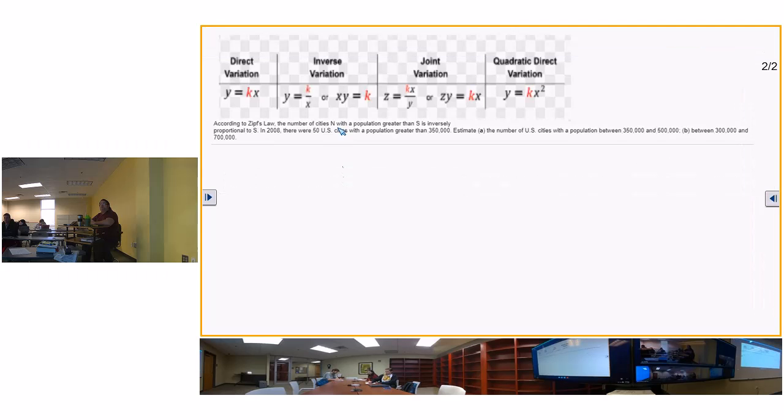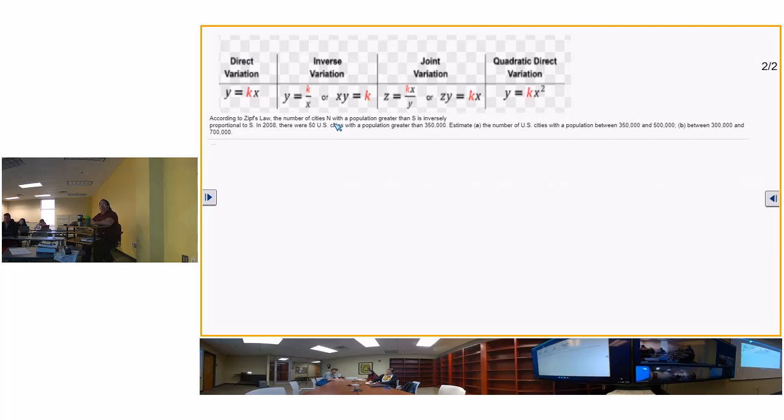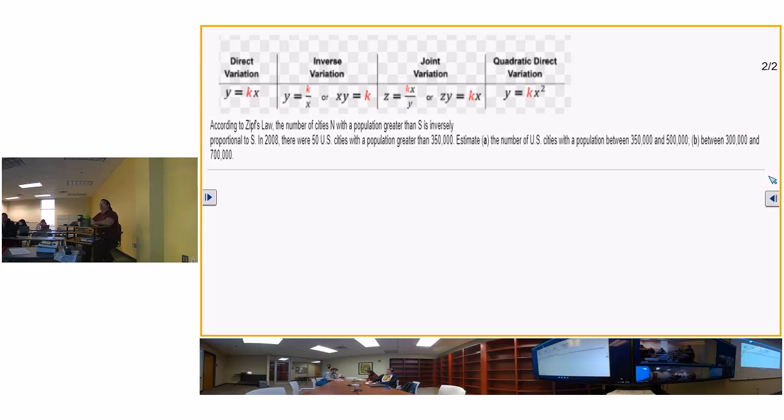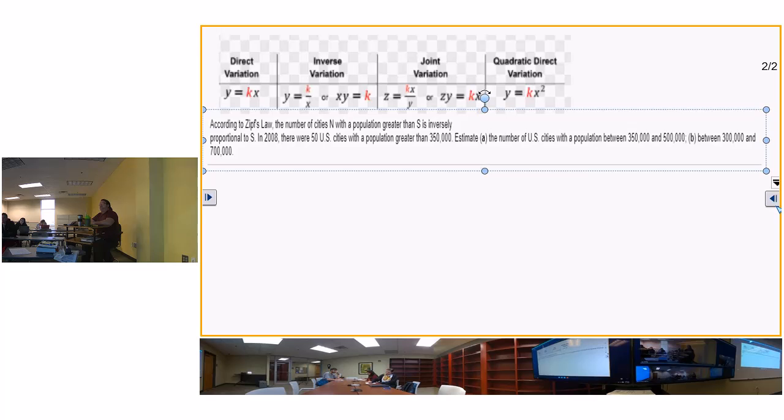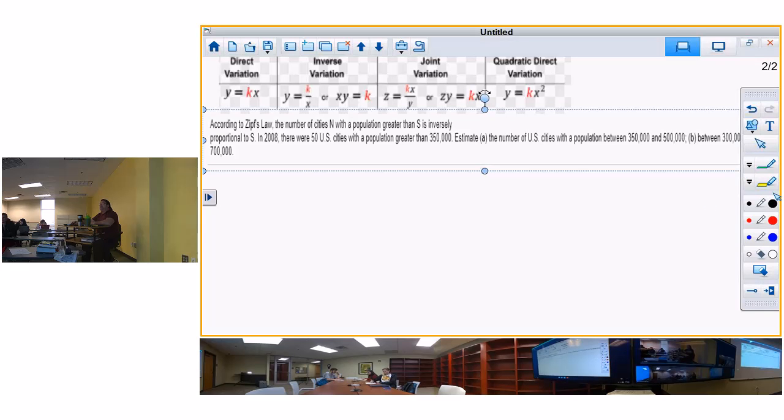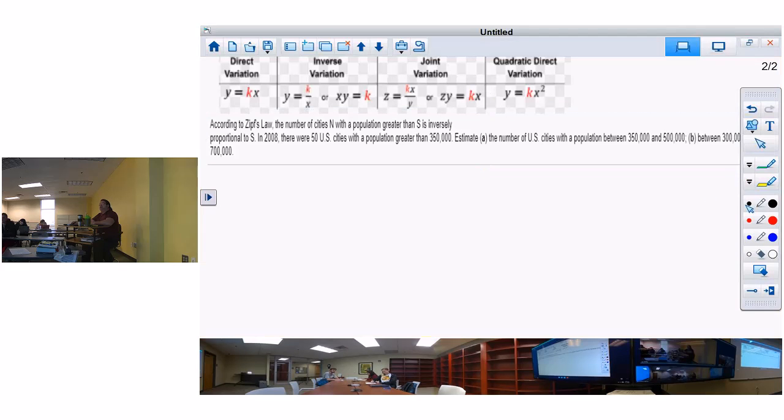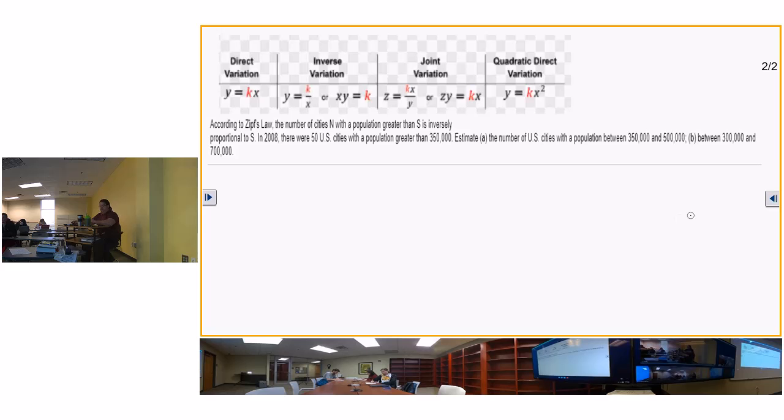All right, there's your problem. If you remember your direct variation or inverse variation, you know that this is inverse because it says it in the first sentence. And this is a test question, so you might want to write it down.